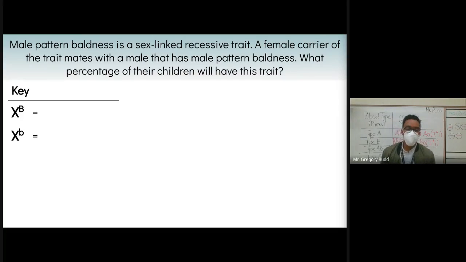So X capital B, what does that give you? What trait does that give you? And thank you, JT, for that answer, and Melissa. In this example, what does X capital B get you?